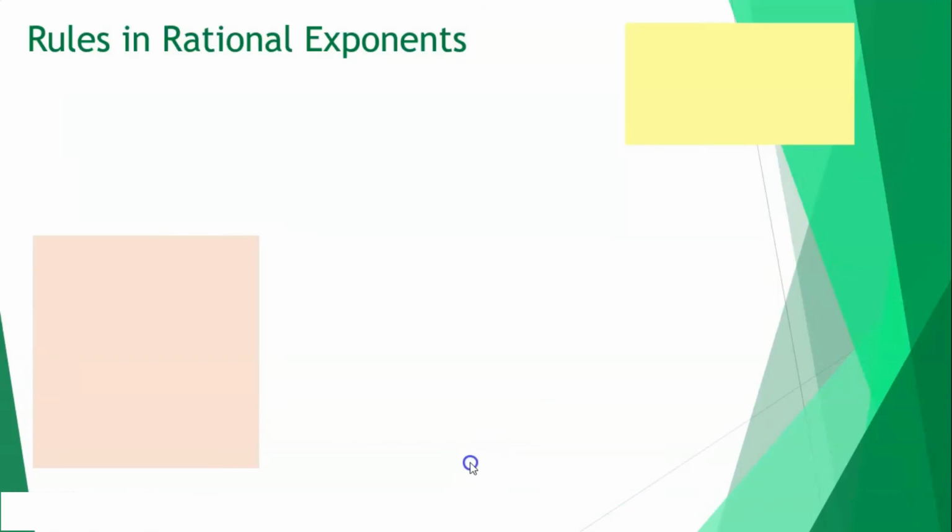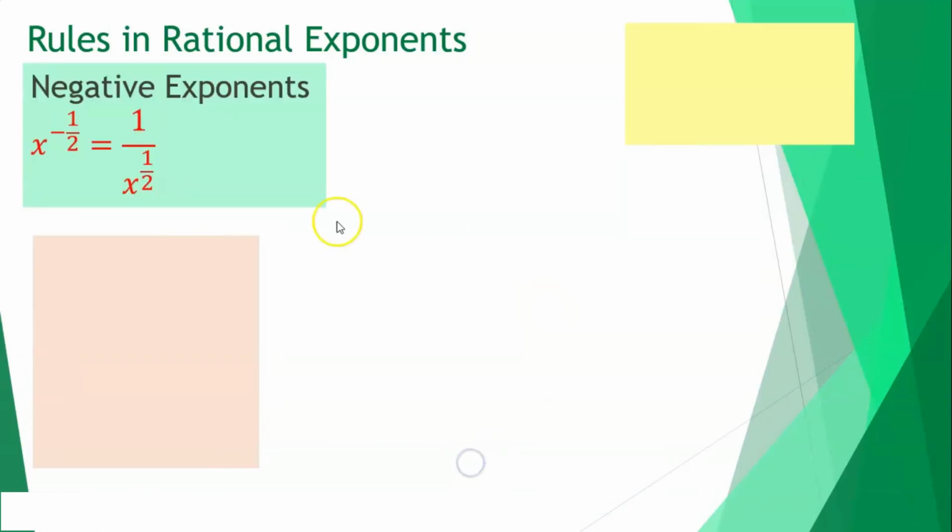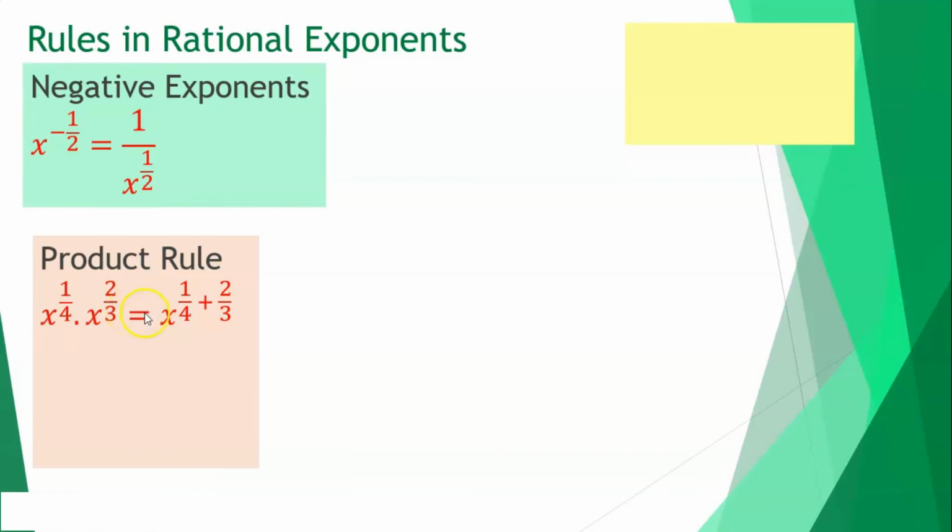Okay, now rules in rational exponents. For negative exponents, if the exponent is negative, the same thing, bring it down or bring it up. Another, product rule. If you're going to multiply the same base, the same thing, you add the exponents, but this time it is fraction or rational.